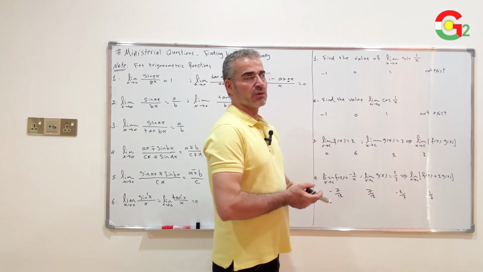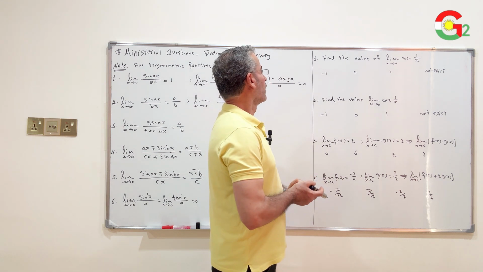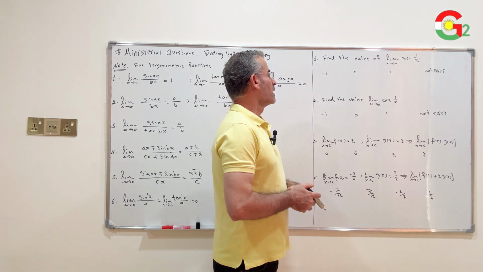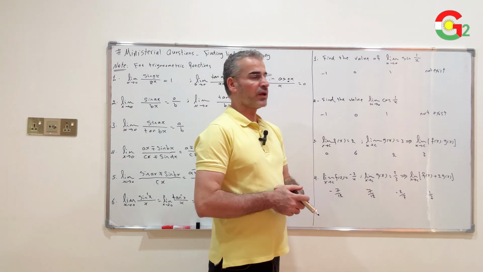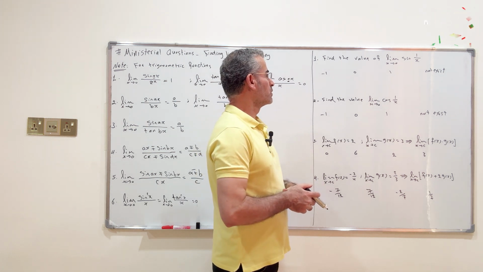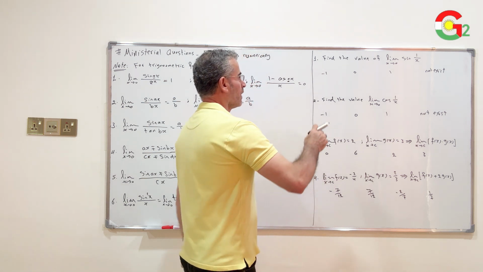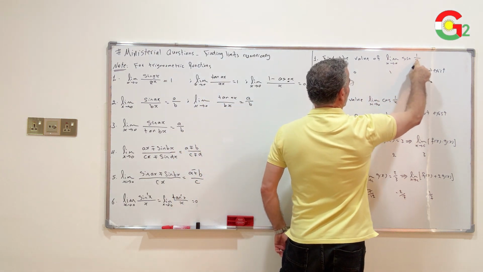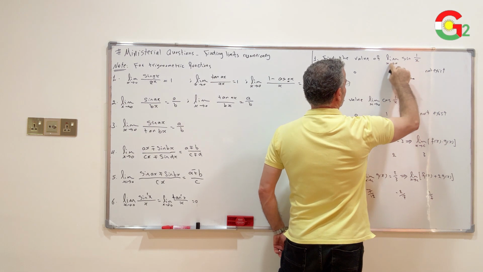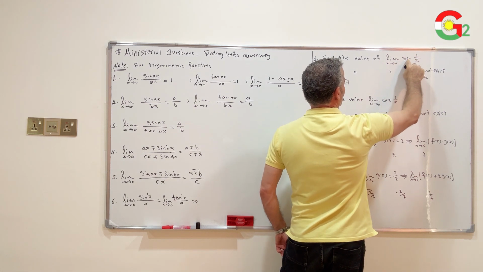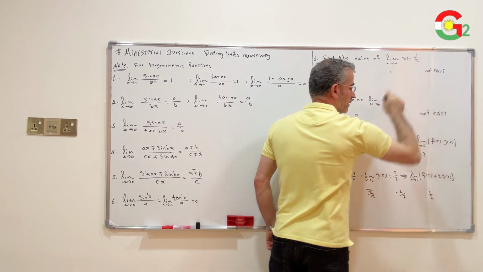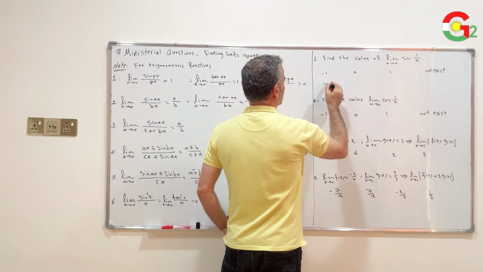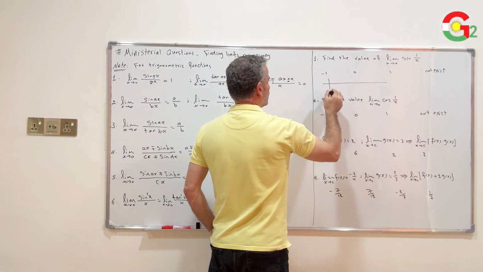The ministerial question. Number 1, find the value of the limit x sine 1 over x when x approaches 0. Since when you substitute directly every x with 0, it will give you sine 1 over 0. It is an undefined term. Then I'll try to find this limit numerically.